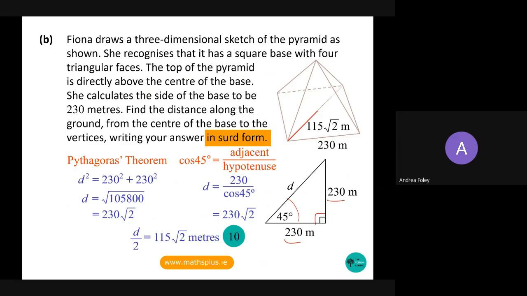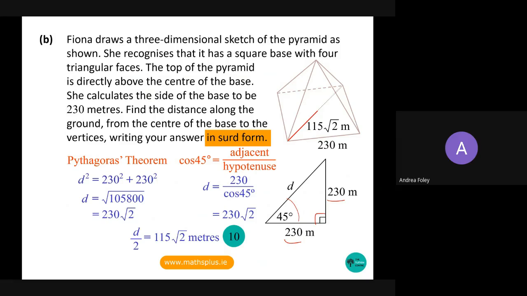High partial credit here for 8 marks is for any correct method but with one error in the calculation. So say you had forgotten to divide by 2 at the end, that would count as one error and therefore would be high partial credit for 8 marks. Similarly, if you had made a mistake on one bit of substitution and then continued to finish correctly, that would count as one mistake and therefore would be high partial credit.